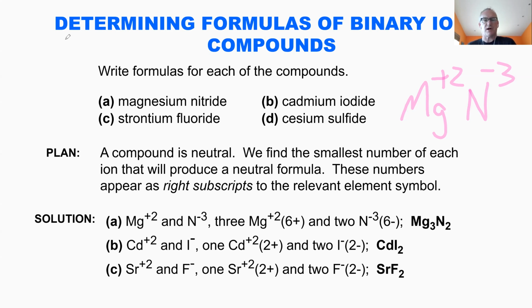So what's going to be the charge on cesium? +1. Right. And then sulfide, what's going to be the charge on sulfide? What group is sulfur in? -2. It's going to be -2, right? It's in group 6 or 16. So it needs 2 electrons.